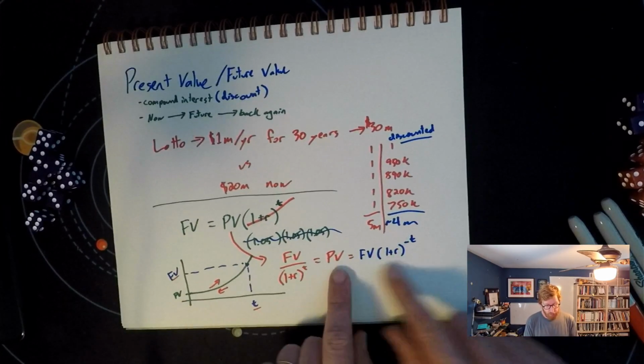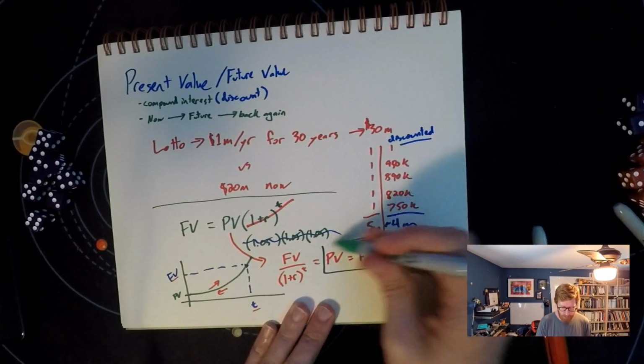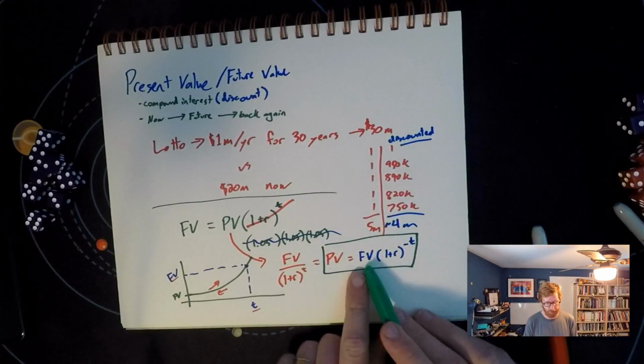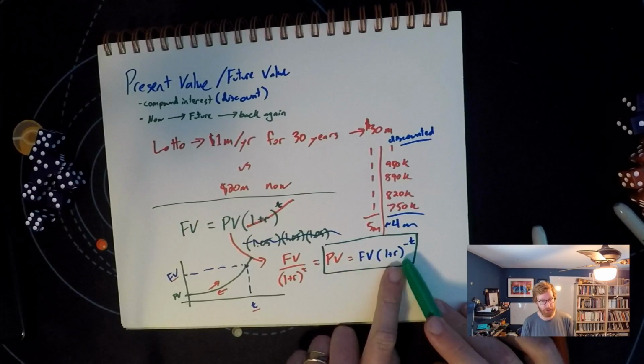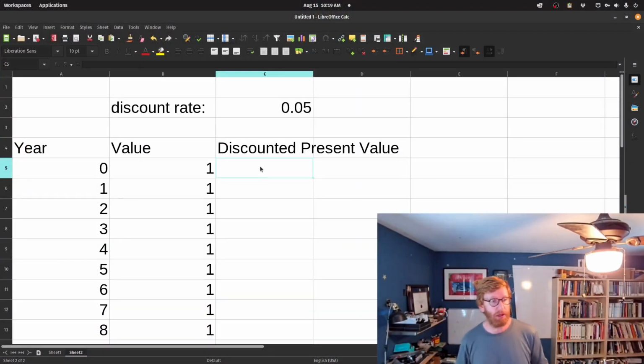So now we've got a formula, present value equals some function of our future value, our interest rate, and how long we're waiting, right? Or how far into the future we want to discount to understand how much it's worth today. So, going back to our lottery example, $1 million now is worth $1 million.